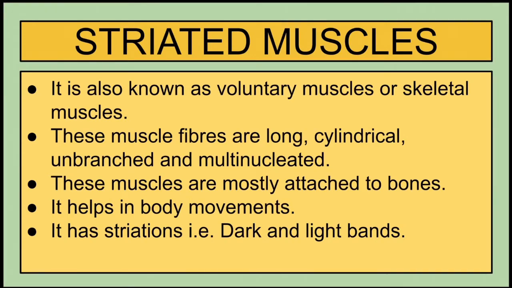These muscle fibers are long, cylindrical with blunt ends. They don't have branches and they have many nuclei. They help in body movements, so they have got more mitochondria as they require more energy. The striations or dark and light bands are because of the presence of functional units called sarcomeres.